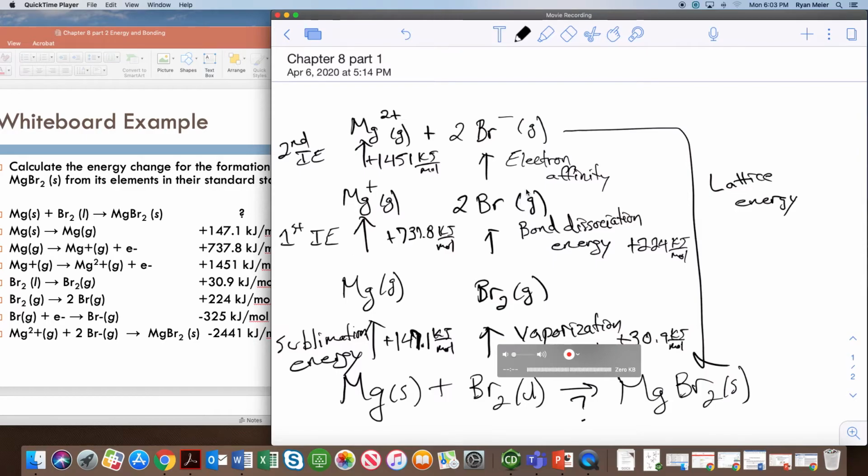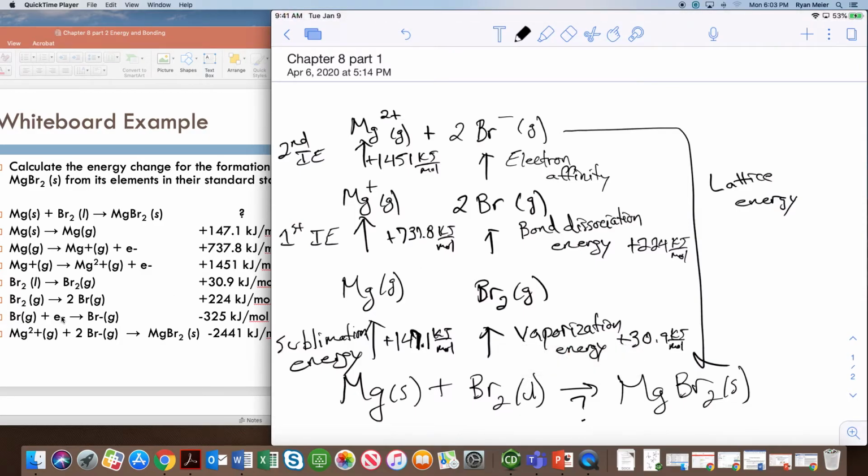And now the next step is one that we want to be a little bit careful of: stoichiometry. So here we have a coefficient of 2. For the way I have mapped this out, whenever we have a coefficient at the start of one of these steps, if you have an energy for just one of those things, then you have to be careful about that energy. Notice over here we have Br as a gas plus an electron makes Br minus. The energy for that is negative 325 kilojoules per mole.